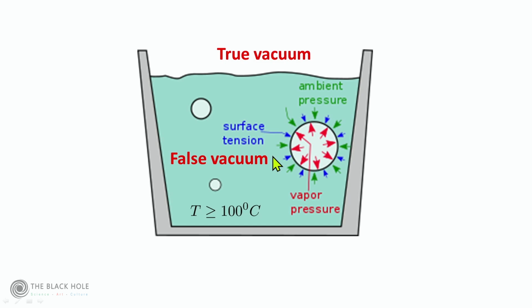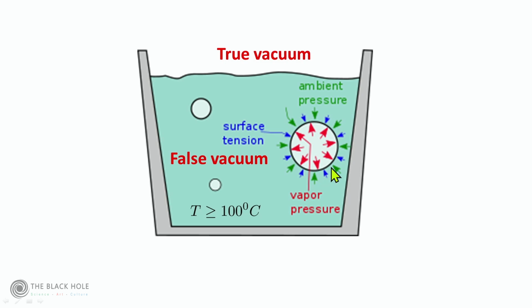Some of these bubbles stay, others evaporate, others shrink and disappear. What's inside a bubble? There is the vapor pressure inside, and there's the pressure from the outside, plus there is a surface tension of the bubble.